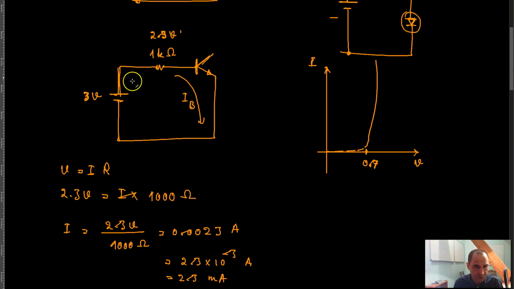And you need to pay attention to the fact that over here my power supply voltage was only 3 volts, right? Now let's see what happens if I increase the power supply voltage to 10 volts.